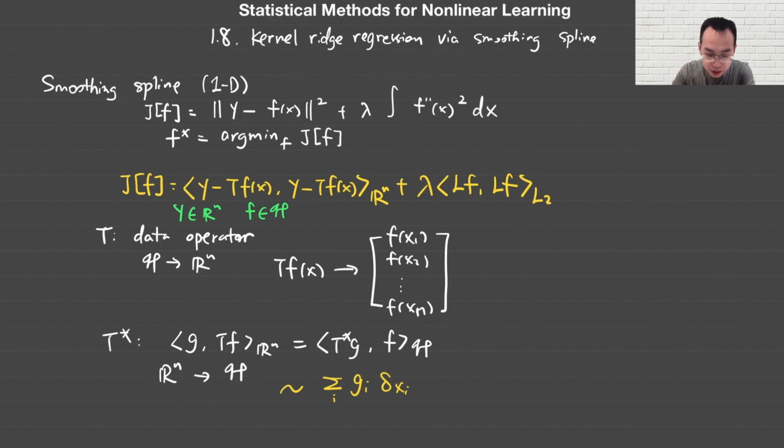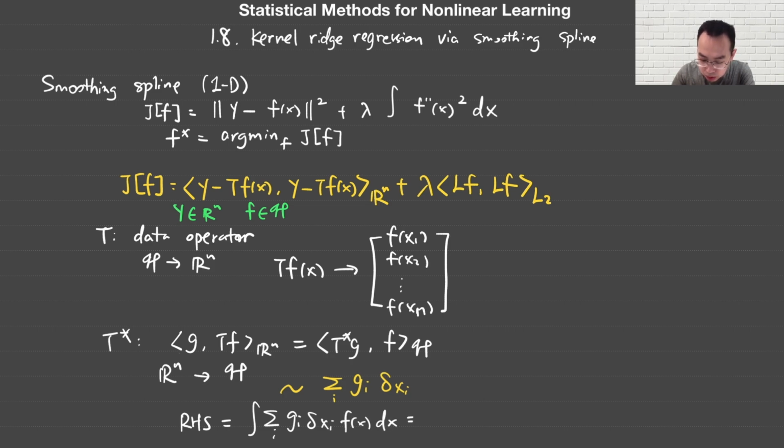So why does this form make sense? Well, formally, if we write down the integral formula of the right-hand side, then we have the right-hand side equals the integral of the summation over i of g_i delta at x_i times f(x) dx.